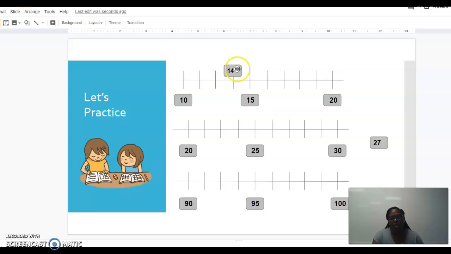So if I were to round 14, 14 would round to 10. 14 is closer to 10.